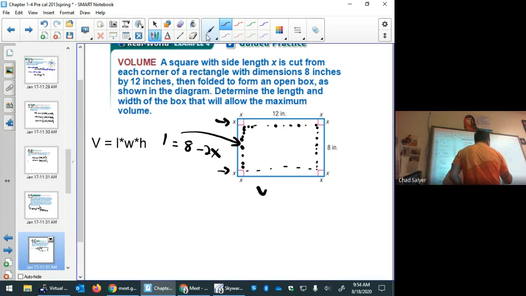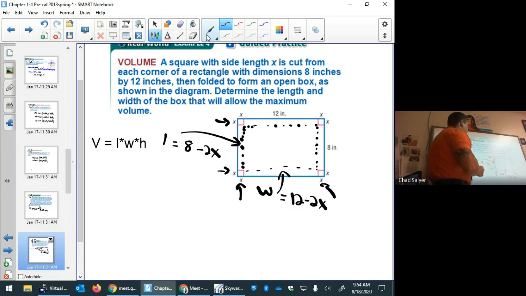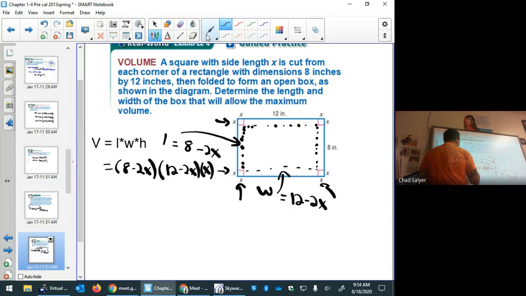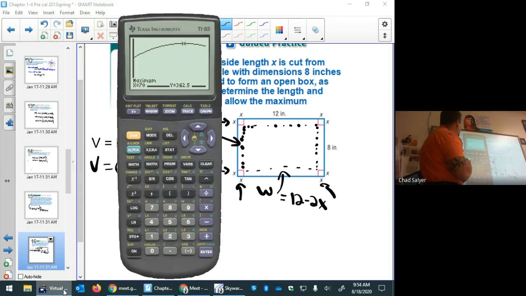And then the width, we're going to call that 12 minus 2x. Once again, we cut out the x here and here. And then the height will just be x. So this is going to be 8 minus 2x times 12 minus 2x times x. So that's going to be our volume function. And what x value is going to maximize our volume, make our box as big as it could possibly be.